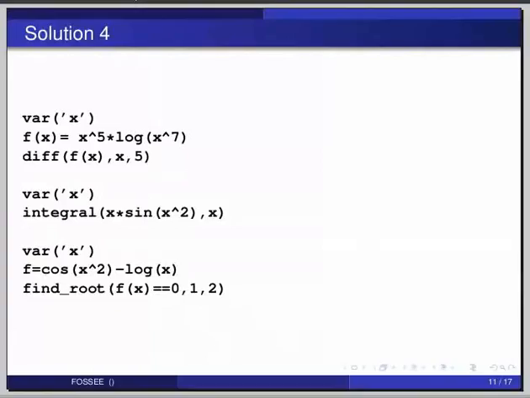Then second line, type integral(x * sin(x^2), x). Then for the third one, type var('x'). Then f = cos(x^2) - log(x). Then find_root(f(x) == 0, 1, 2).